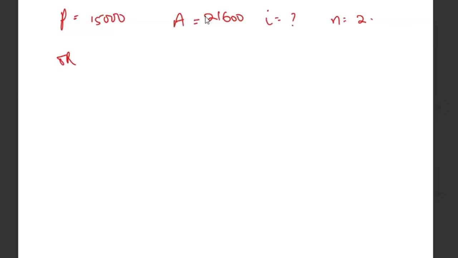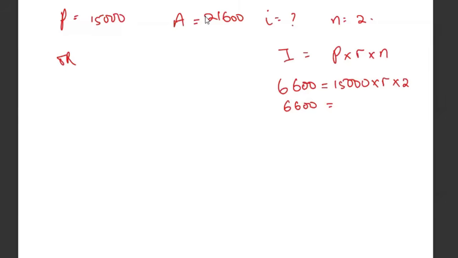Alternatively, if we use the interest amount, which is P times the rate times the period n, we have 6,600 is equal to the 15,000 that was borrowed, multiplied by the rate, multiplied by the 2 years. So 6.6 is equal to 15 times 2, which gives us 30,000 R. Divide both sides by 30,000.